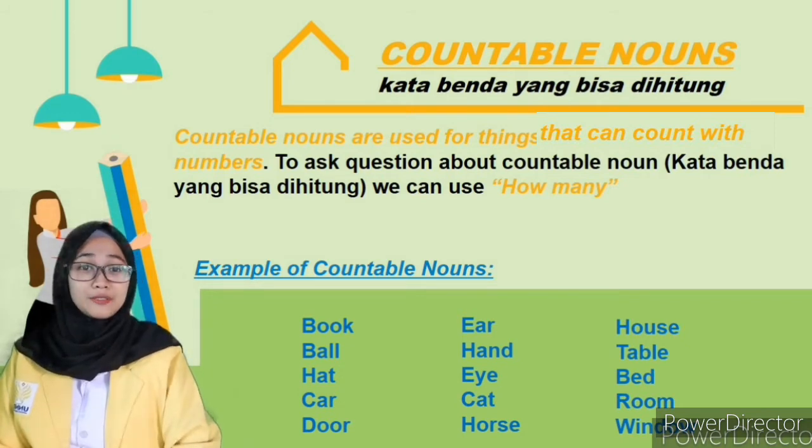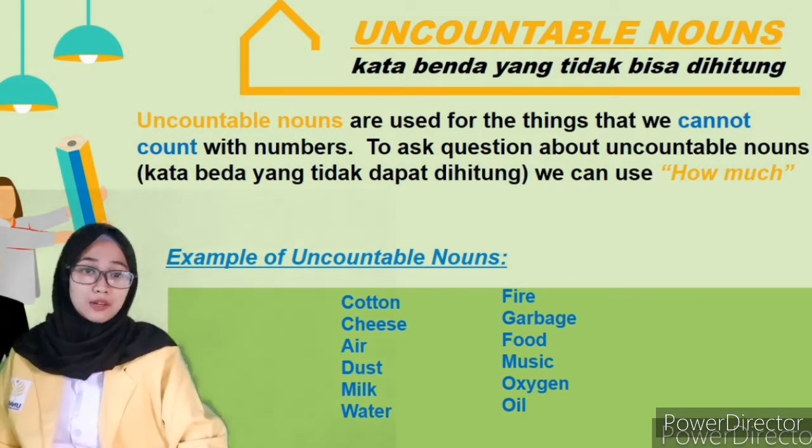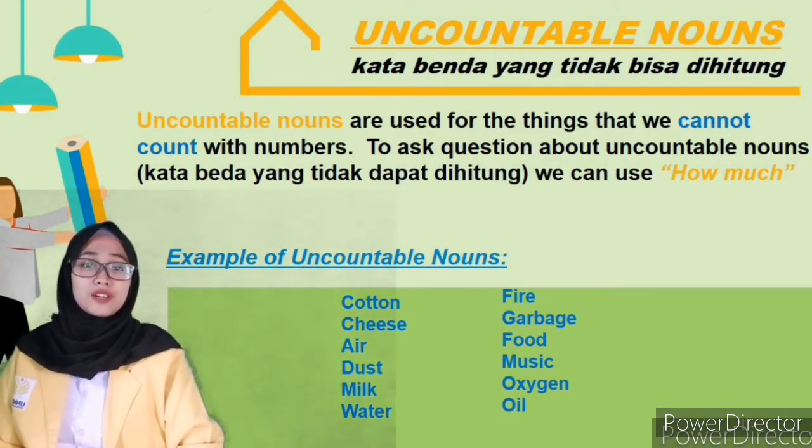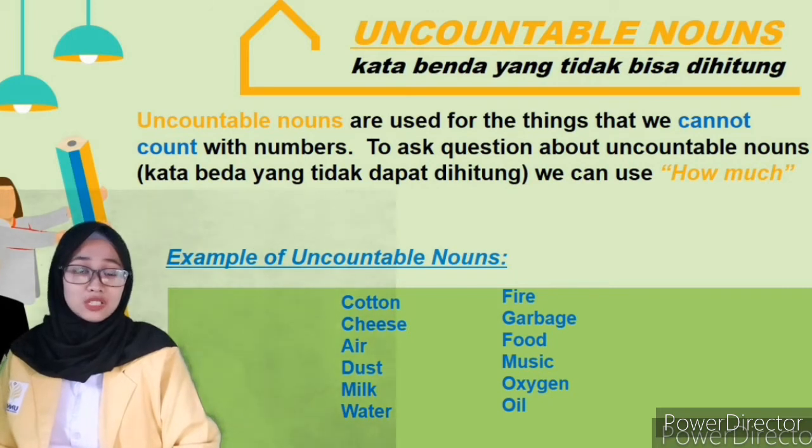And the next one, we can see there is uncountable noun atau kata benda yang tidak bisa dihitung jumlahnya. Uncountable nouns are used for things that we cannot count with numbers. It is because the object of uncountable noun is too small to be counted. And to ask a question about uncountable noun, we can use how much.